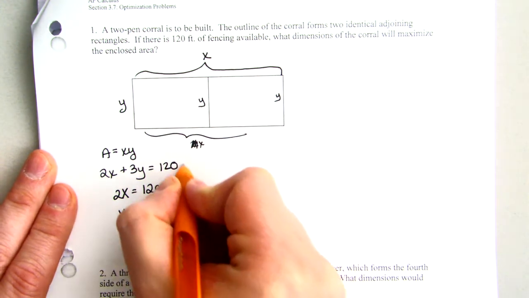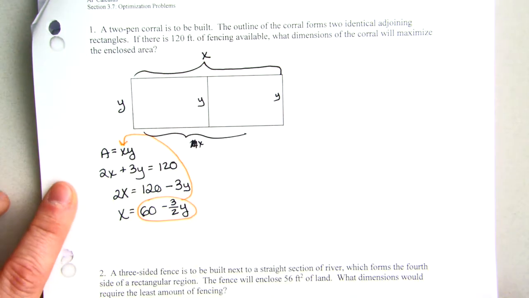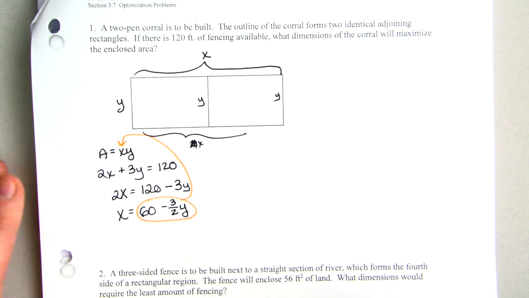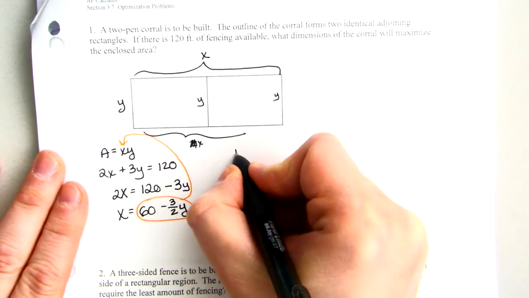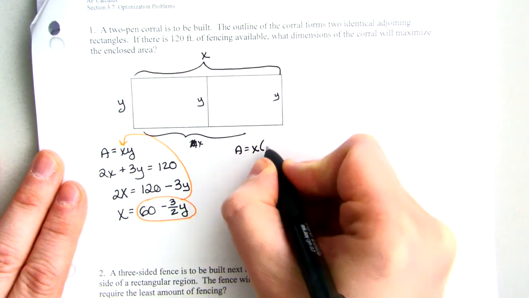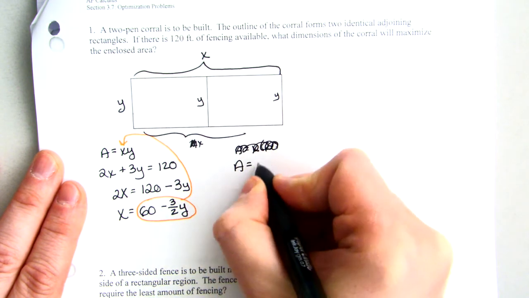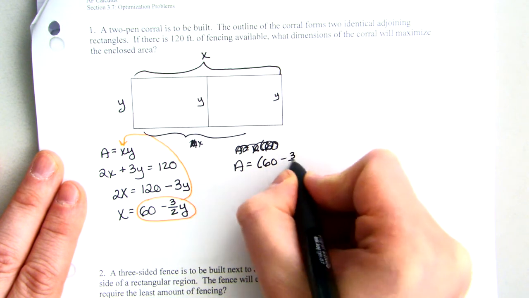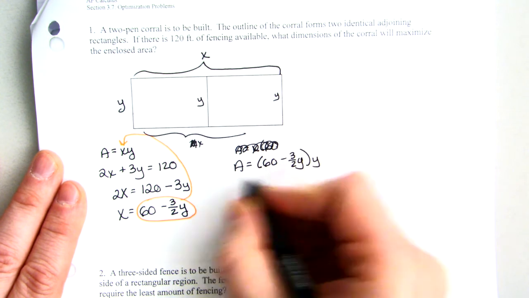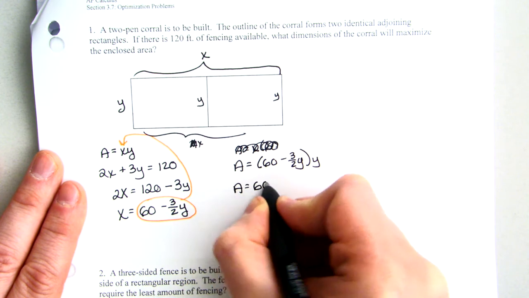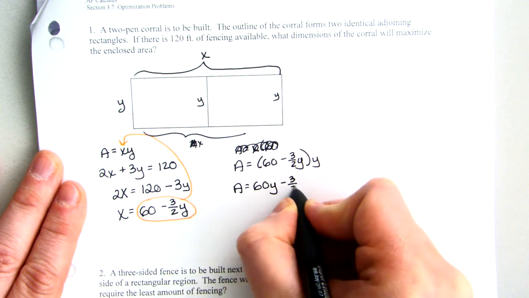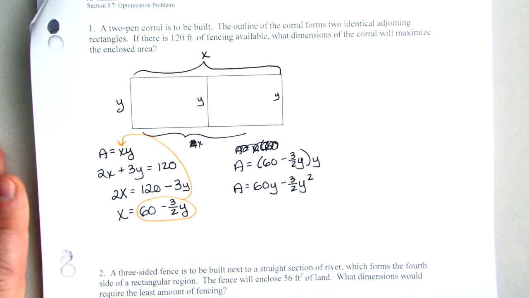Now plug that in for x and create your area formula just in terms of y. A equals 60 minus 3 halves y, times y. A equals 60y minus 3 halves y squared.